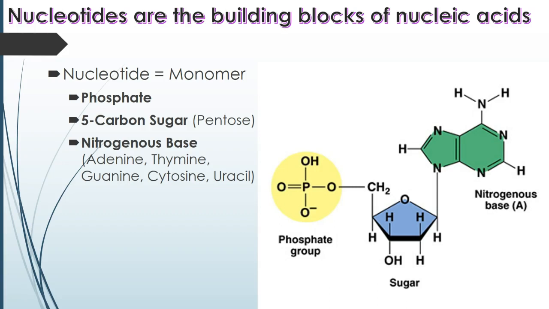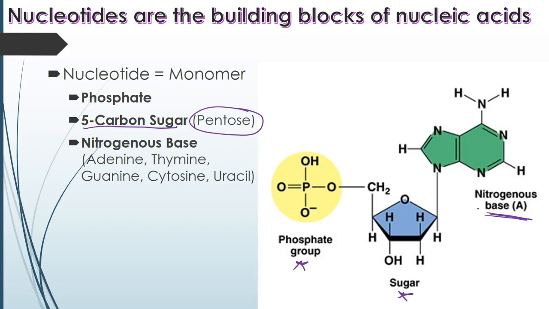At the basic level, both RNA and DNA are repeated nucleotides. One nucleotide contains a phosphate group, a sugar, which can be either deoxyribose or ribose, both 5-carbon sugars known as pentoses, and a nitrogenous base.